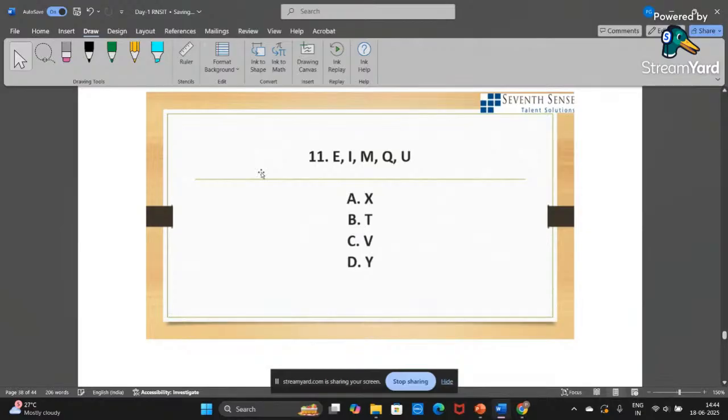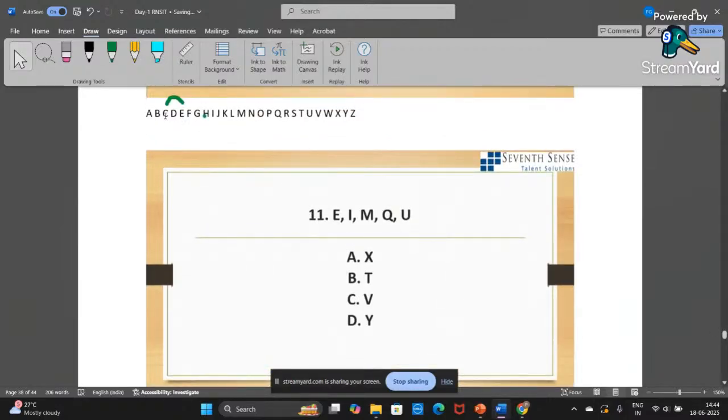What is the relation here? They have written E, I, M, Q, U. So see here. E and I, how many gaps are there? 3 gaps.